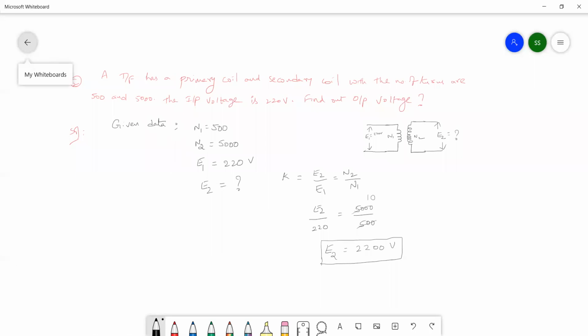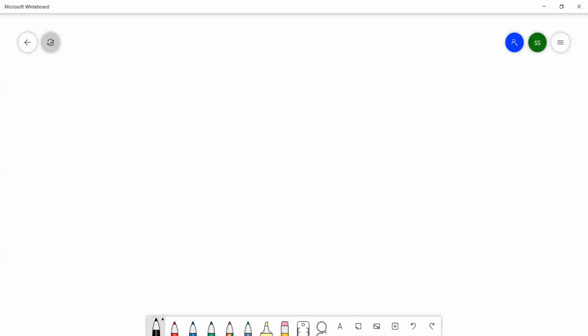Note down, a transformer has primary coil with 1200 turns and secondary coil with 1000 turns.